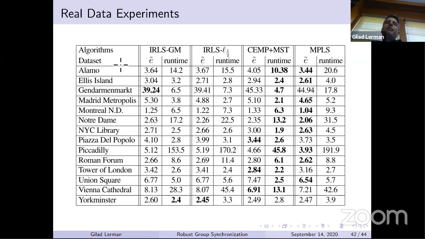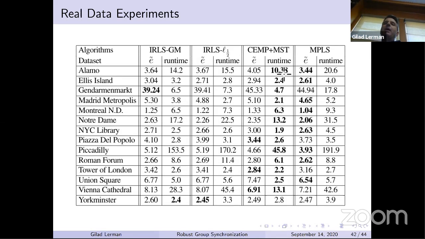Okay, so these are the different scenes that we have. These are the two previous IRLS methods, and we show the error and the runtime. When we just apply CAMP with this minimum spanning tree idea, we still get a fine result, not as good as the IRLS one, but with much better runtime.